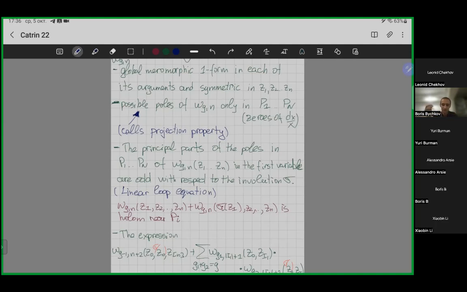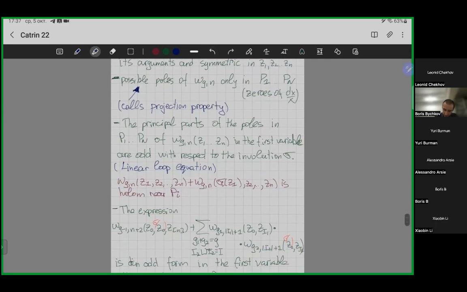So you should prove that they are rational functions, with poles only at the points P1, etc., Pn. And then there is the linear loop equation, which says that this combination is holomorphic, and the quadratic loop equation, which says that this expression is holomorphic.